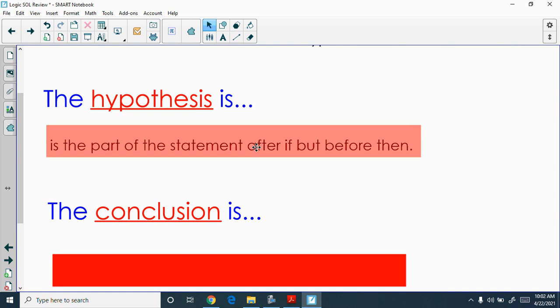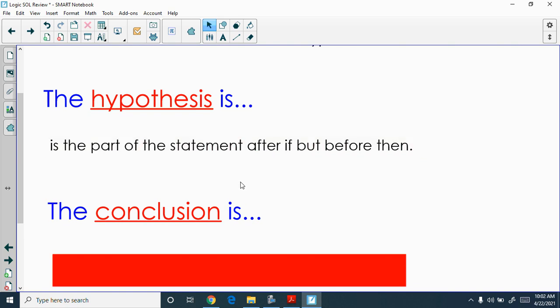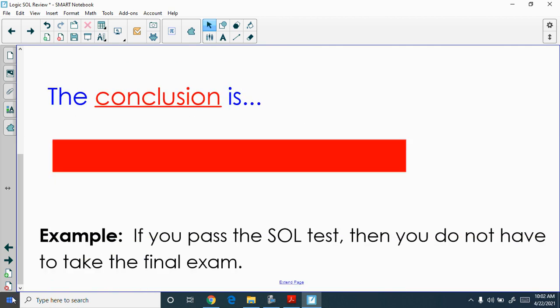Now, the hypothesis is going to be the part of the statement that's after the word if, but before the word then. So if we come down and we look at our statement, our hypothesis is going to be you pass the SOL test.